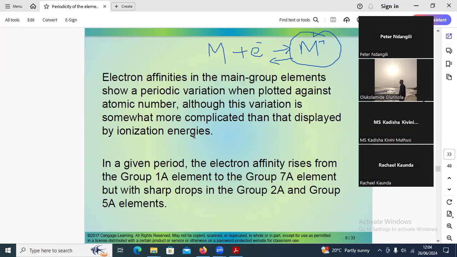In a given period, for example, the electron affinity rises from the metal towards the non-metal. It rises across the period in the periodic table. But we are going to have some sharp drops, just like we saw in the ionization energies for group 2A and group 5A elements.